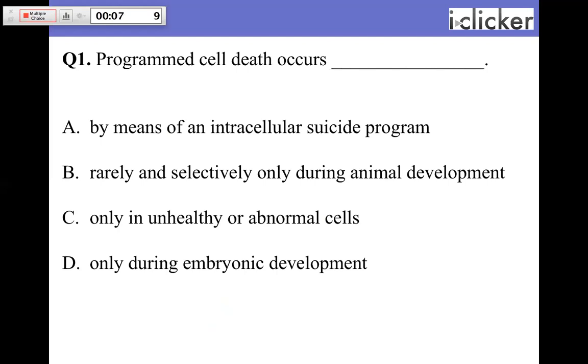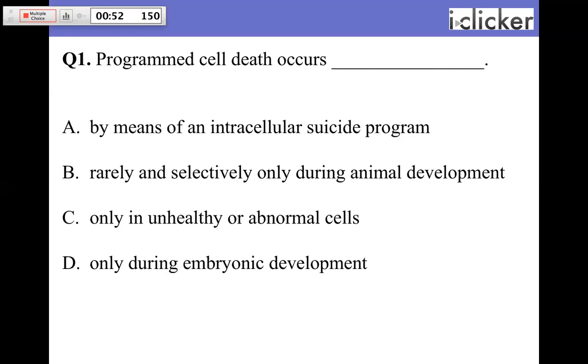And we'll talk about some of the signals in a couple of minutes too. How are we doing?